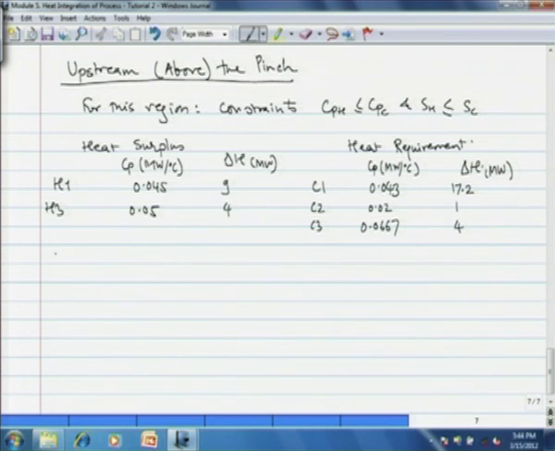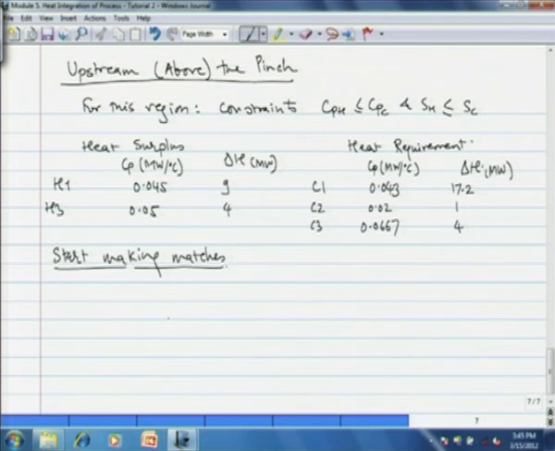Now, we have to start making matches. We have the constraint of CPH lesser than CPC. Okay.